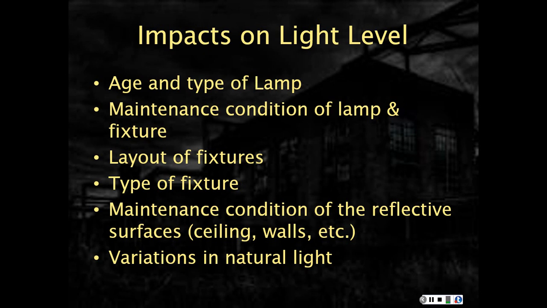If this was taken into consideration when lights were first put in, that a certain amount of light was going to be reflected off ceiling and walls, and they haven't been painted in years, that will also reduce the light level. And then variations in natural light. How are we taking that into consideration?